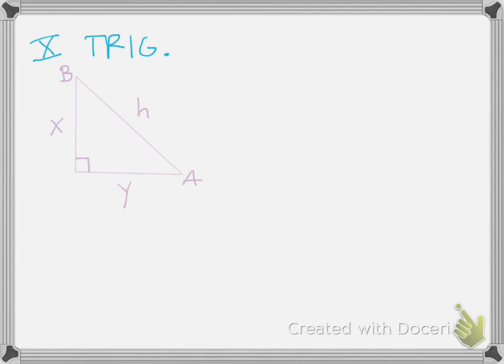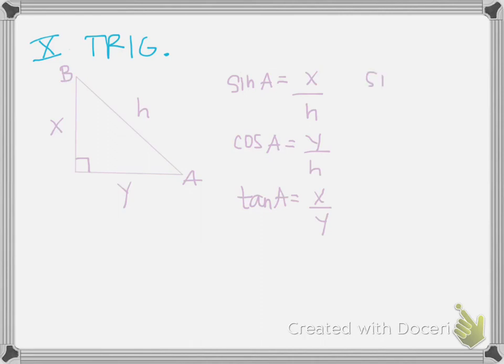Okay, so remember it's sine, cosine, and tangent. So sine of angle A is going to be the opposite side, which is x over your hypotenuse. Cosine of angle A is the adjacent side, which is going to be your y over your hypotenuse h. And your tangent is your opposite over your adjacent.